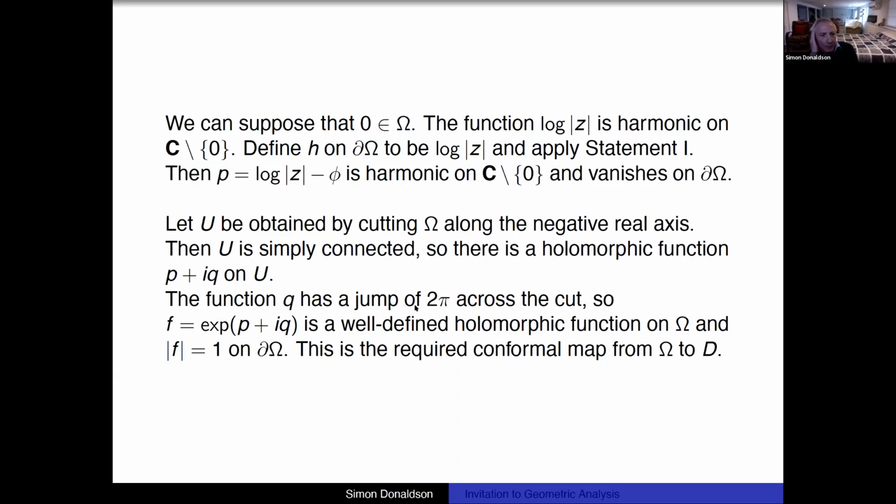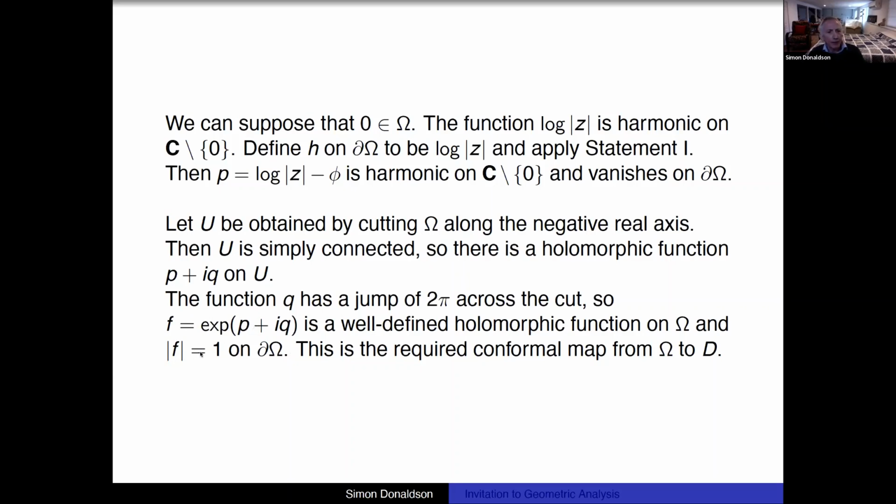If we take 2 points close to the cut on either side, the value of Q will differ by 2 pi. That means that if we take the exponential of this function, then this will be well defined, because if we change P plus IQ by adding on 2 pi I, we don't change the exponential. So this is a well-defined holomorphic function on our domain, and by construction, the modulus of this function on the boundary is equal to the exponential of the real part of P plus IQ, which is just P on the boundary, and that's 0.